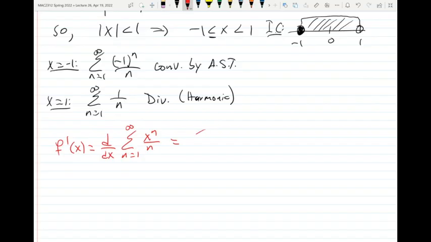Now when we pass the derivative through, we have 1 over n times the derivative of x to the n, which is n x to the n minus 1. So these cancel out, and we end up with the sum from 1 to infinity of x to the n minus 1.